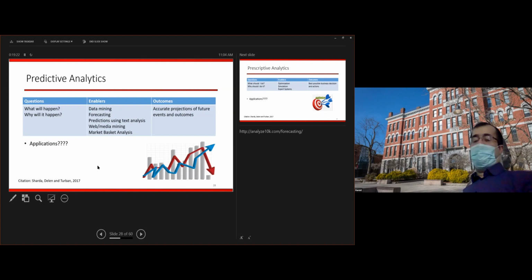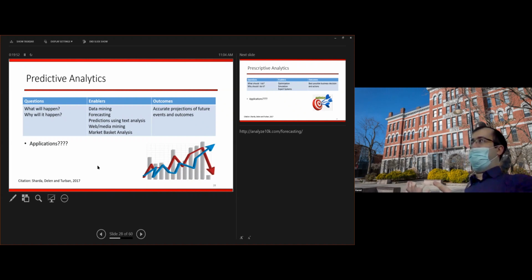I emphasize the predictive analytics because some of you haven't had any predictive analytics classes before, and it could also be the most important part of your project. So basically, we have some research questions about why and what will happen in the future. I talk about just stock market trading.